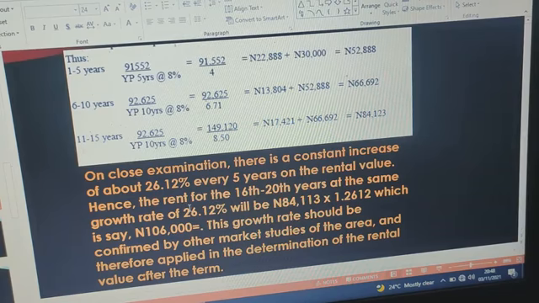Hence, the rent for the 16th to 20th years at the same growth rate of 26.12% will be N84,113 x 1.2612, which is say, N106,000 equals. This growth rate should be confirmed by other market studies of the area, and therefore applied in the determination of the rental value after the term.